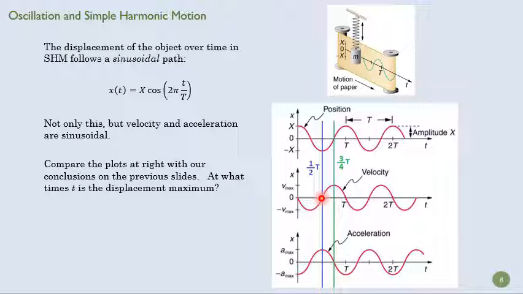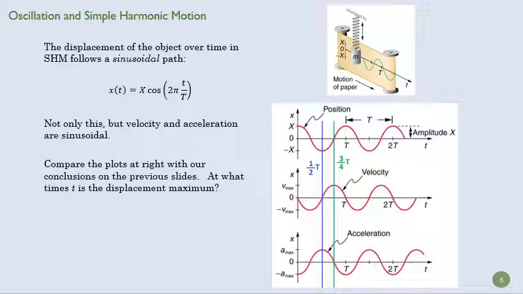And we know that the force is greatest and my acceleration is greatest because I'm far away from equilibrium, and we can see that too. So at that point, we have large displacement, no velocity, and large acceleration. We could go through and look at the other point too, where we're passing equilibrium and we have a large velocity and no acceleration.